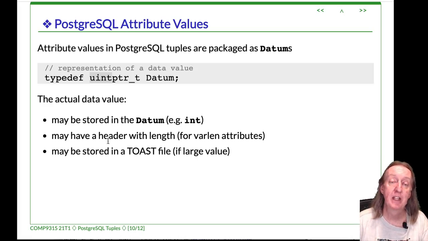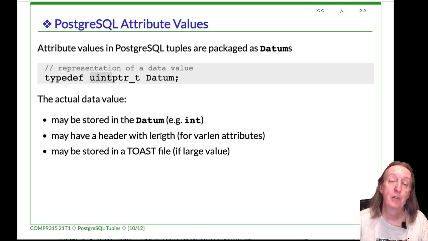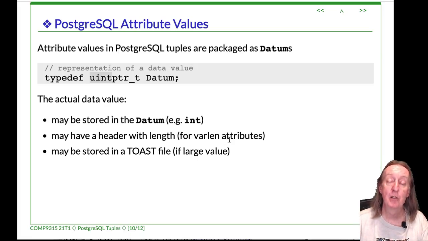It could contain a header, which tells you how long the real value is for var-len attributes. And if you think about that exercise where we had to subtract 4 to work out the size of varchar attributes, or char10, that's because we have a 4-byte header at the start to tell how long the actual attribute value is.